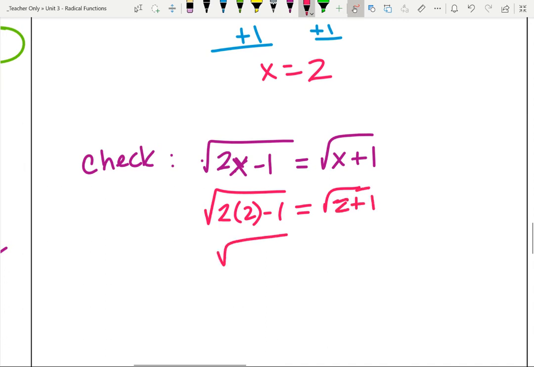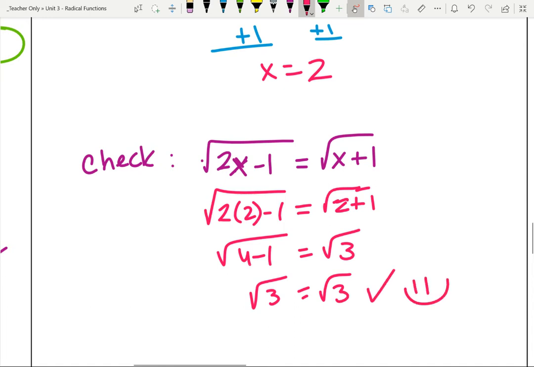So that gives me the square root of 4 minus 1 on the left-hand side and the square root of 3 on the right-hand side. I could simplify 4 minus 1 to 3, and I get a true statement. The square root of 3 is equal to the square root of 3. So our solution here totally works out.